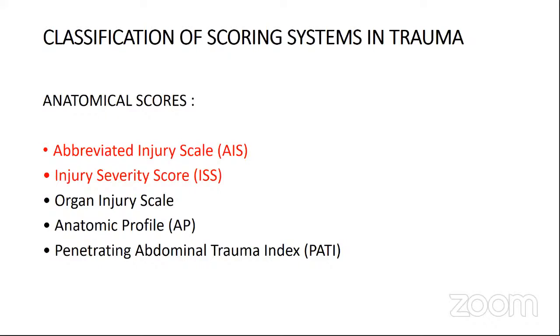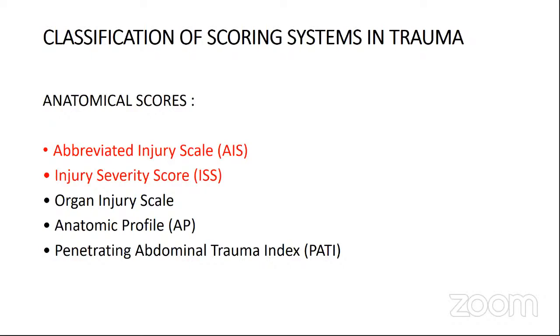There are multiple scoring systems available for trauma or any critical clinical issue. They are categorized into three groups: anatomical scoring systems, physiological scoring systems, and combined scoring systems. We will emphasize the important scoring systems in our ATLS 10th edition textbook.